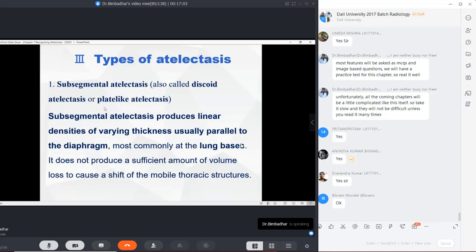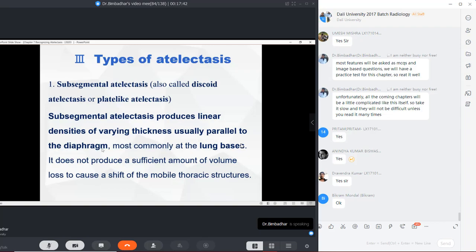If a subsegmental atelectasis is present, it will be seen as an opacified disc, a white disc, a white plate, which suggests that there is a subsegmental atelectasis. Subsegmental atelectasis produces linear densities of varying thickness, usually parallel to the diaphragm.